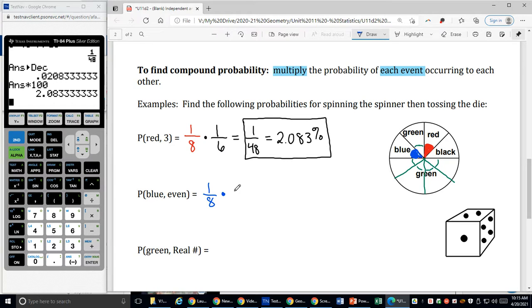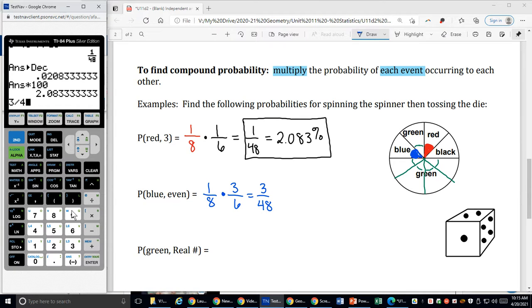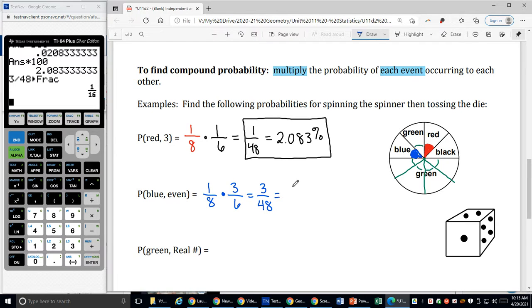You can wait till the end to reduce. I know there are 2, 4, and 6 that are all even. So there's 3 numbers that are even out of 6 numbers total. So 1 times 3 and 8 times 6. 3 divided by 48 as a fraction. Math, number 1, enter, is 1/16.